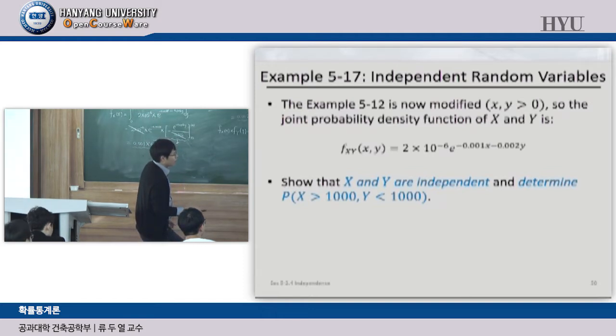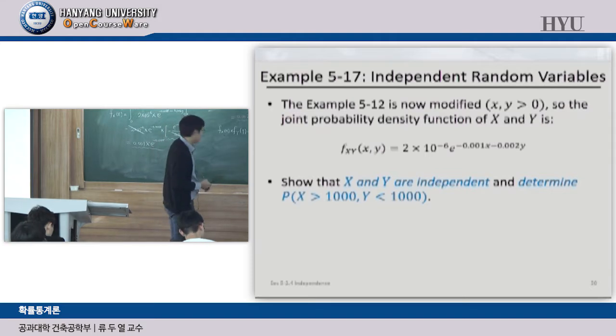And we need to determine the probability of x when x is larger than 1000 and y is smaller than 1000.